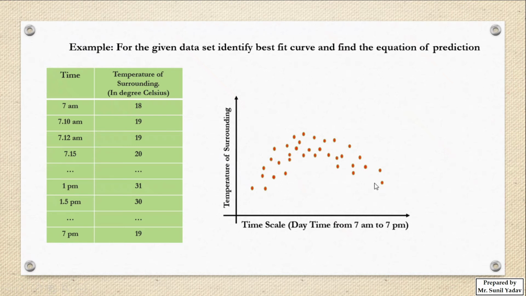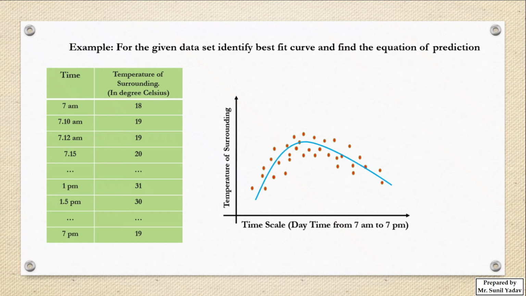So again my question is, can we plot a straight line curve here? If I do the straight line curve, in that particular case the curve will be something like this. But in that case, the nature of the curve and the nature of the sample will be different. So we have to draw the curve so that the nature of the sample and the nature of the curve match.